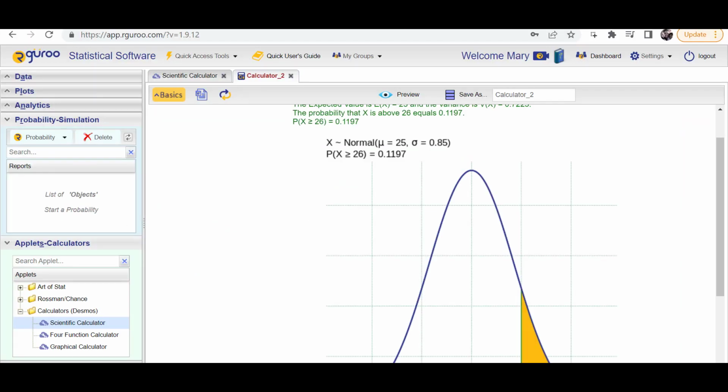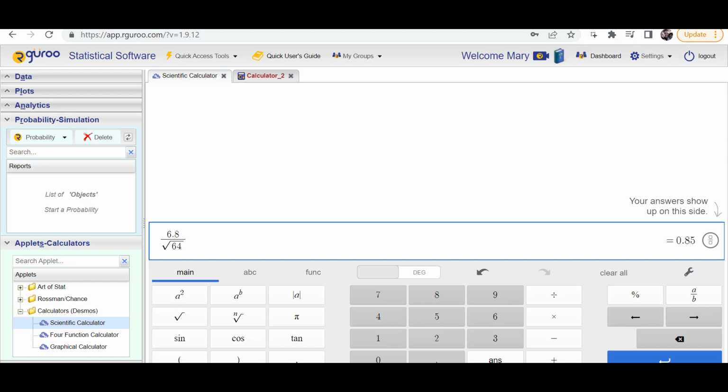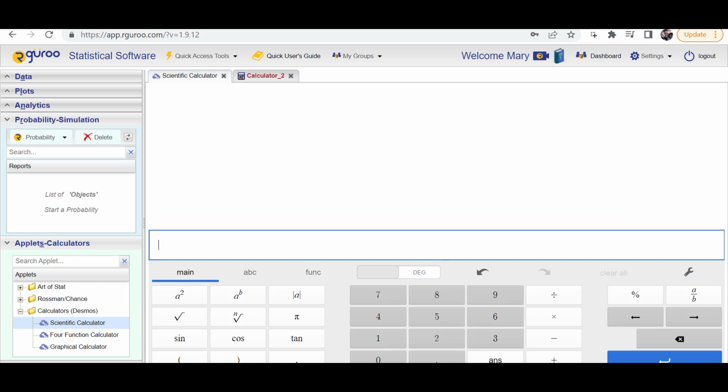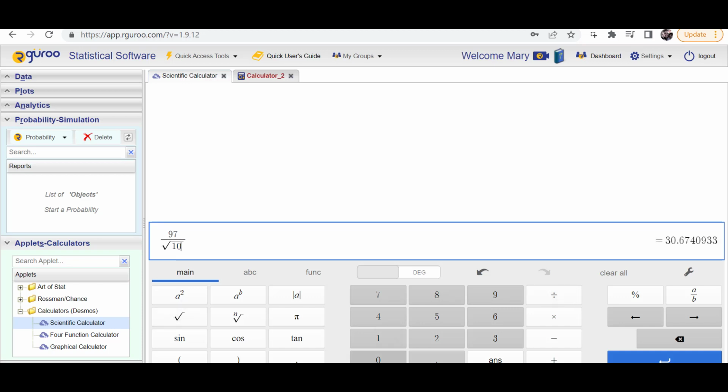I'm going to go back to, again, under Applets and calculators, choose one of the Desmos calculators. Any of them will work. And I'm going to type in 97, division sign, square root, 100, and you look on the right and you get 9.7, which you can cut and paste into the calculator.